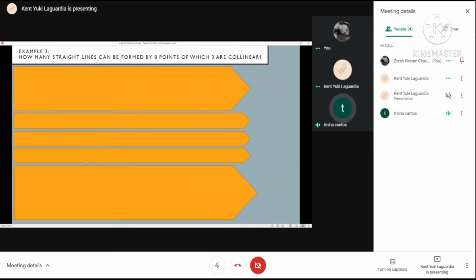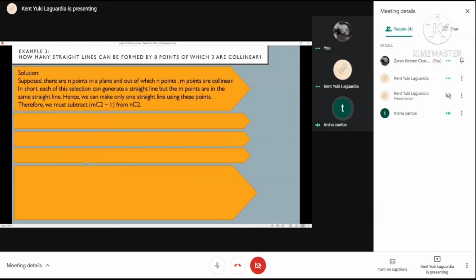Example number 3. How many straight lines can be formed by 8 points of which 3 are collinear? Solution. Suppose there are n points in a plane, and out of these n points, m points are collinear. Each selection of two points can generate a straight line, but the m points are on one straight line.